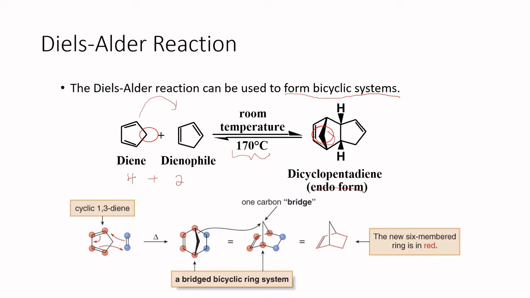What happens is that when we react a diene with a dienophile, this carbon will be flapped upward, and then it will give us a one carbon bridge. It can either be drawn like this or like this. And the new 6-membered ring is in red. So this is the new 6-membered ring.